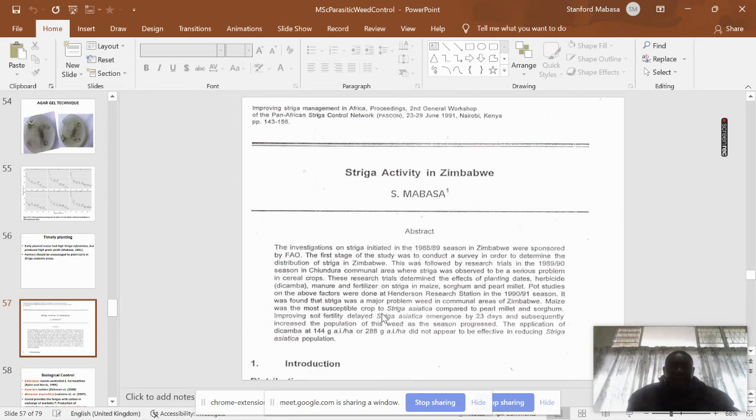Now, in this report, Striga activity in Zimbabwe, we have got various experiments where time of planting was actually evaluated. And indeed, early planted maize gave high yields despite Striga infestation, although early planting could not control Striga.